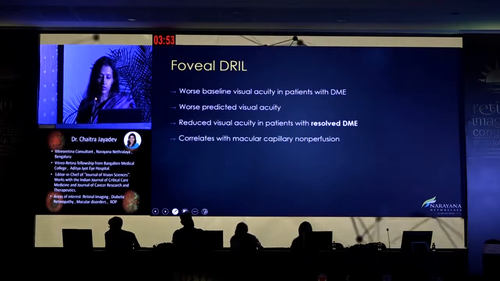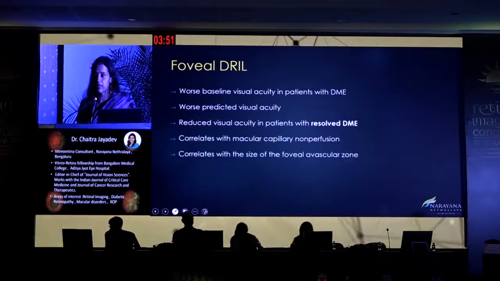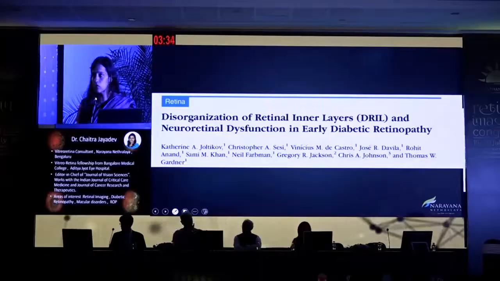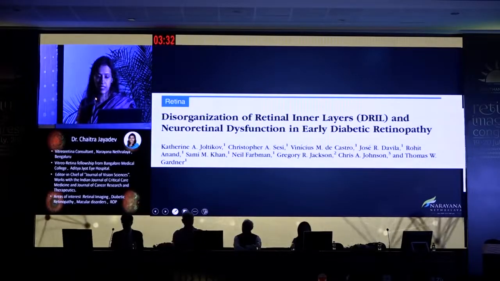It correlates very well with macular capillary non-perfusion and the FAZ, which is an indication of the macular function. And it is associated with increasing severity of DR, especially proliferative diabetic retinopathy, and also with structural disruption even in the outer retina, that is the EZ and the ELM. So that was as far as macular edema goes. What about those patients in which we don't see macular edema but very early DR changes?